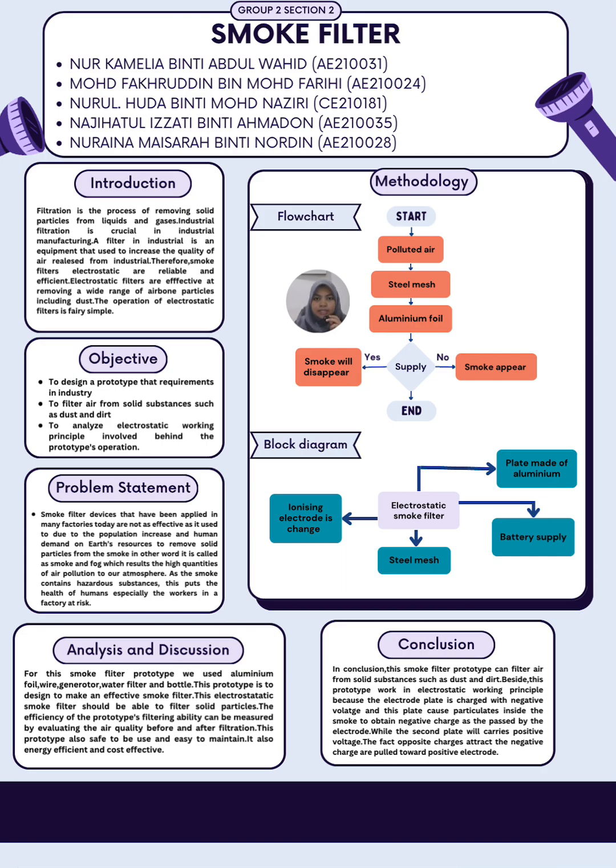The smoke is called polluted air or polluted gases, which consists of a lot of negative charge, and it will go through the steel mesh and be attracted to the positive charge, which is the aluminium foil. When we turn on the power supply, the smoke will disappear, but when we turn off the power supply, the smoke will appear back. So that's how our smoke filter operates.